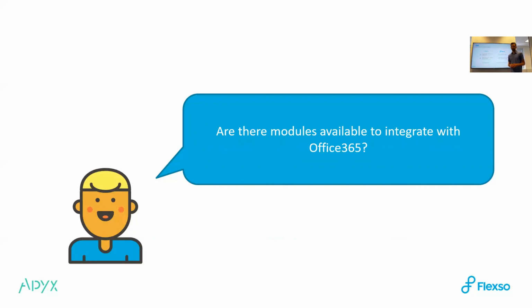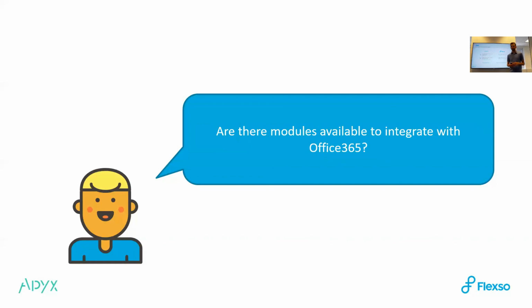Are there modules available to integrate with Office 365? Yes, there are. And also, if you go to the App Store, you will find them there. The thing is, Mendix is a very open platform. Everything is approachable via APIs. So what we see is that if there is a problem with connectivity, it is mostly not related to Mendix.